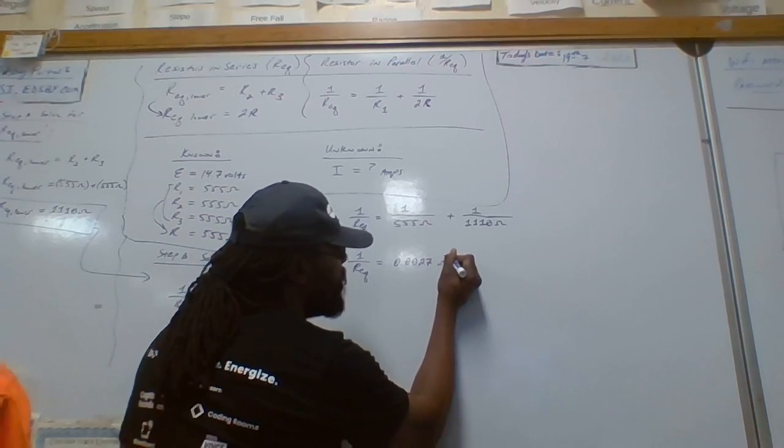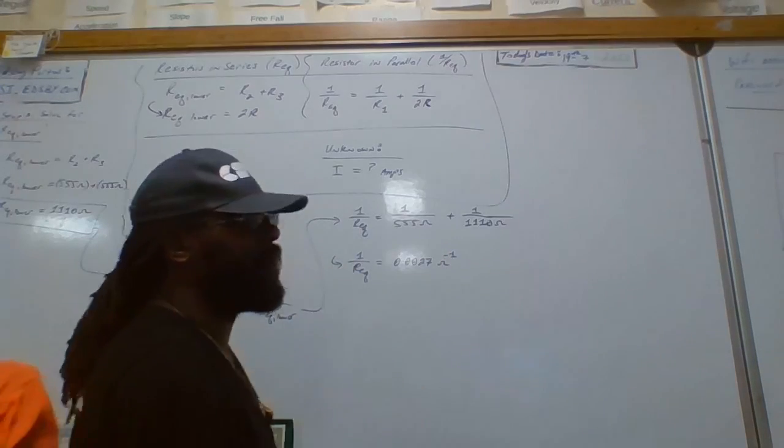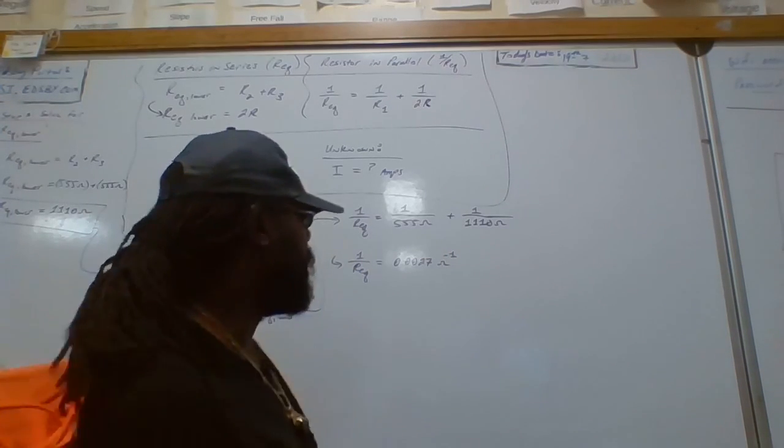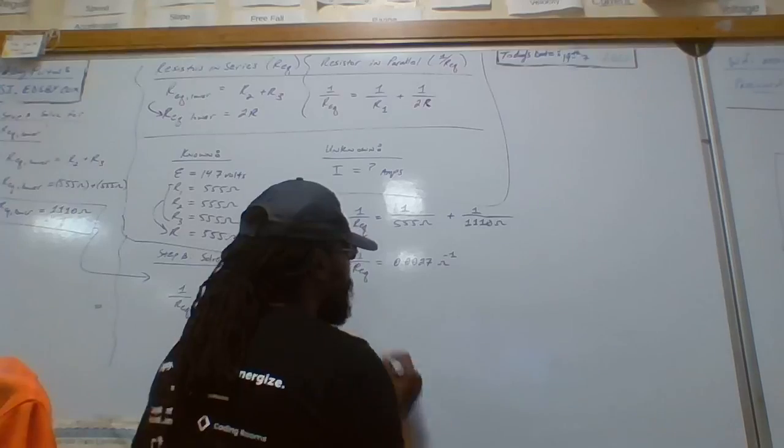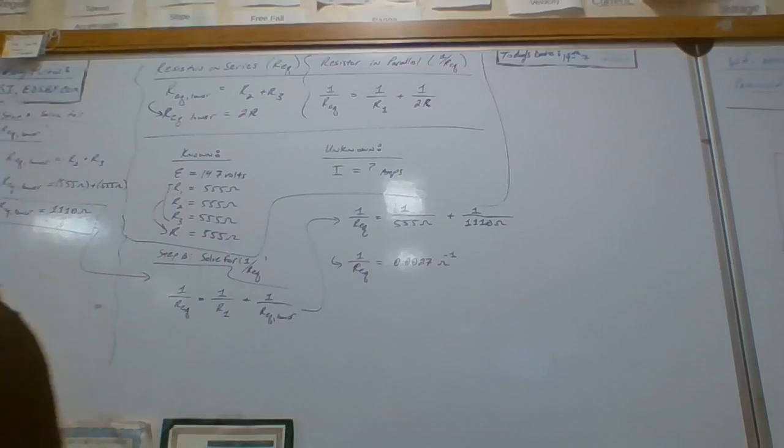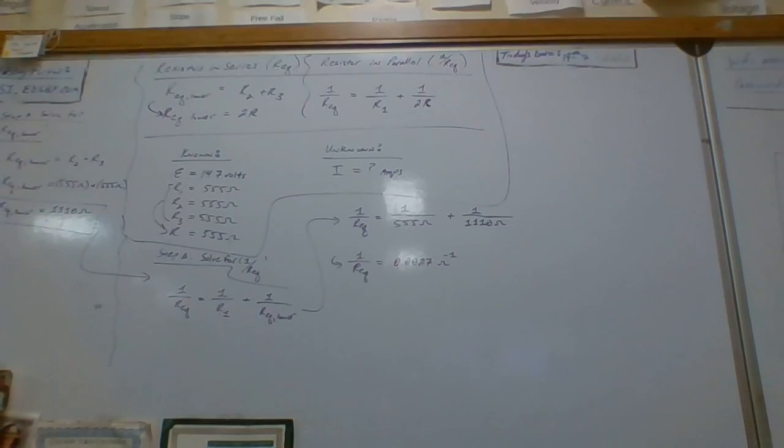This is ohms, but raised to the -1. So I want to get rid of this. In order to do that, I want to get just REQ. I'm on step 2.